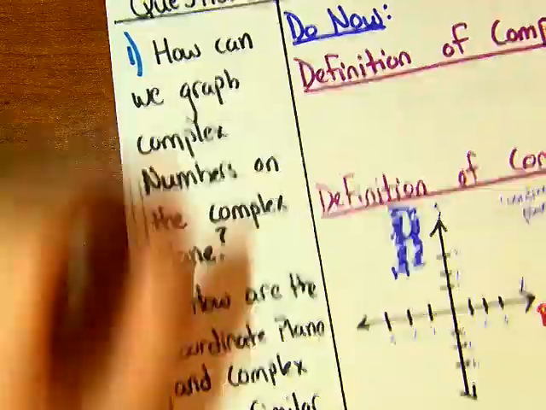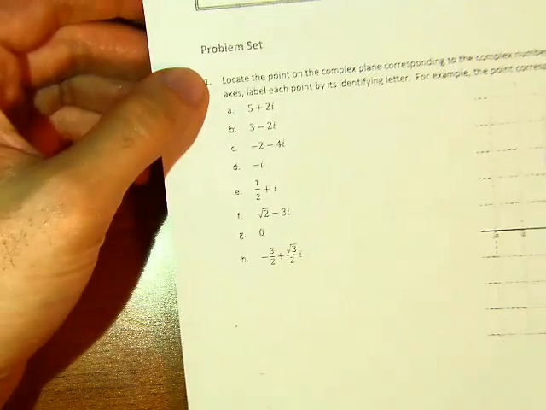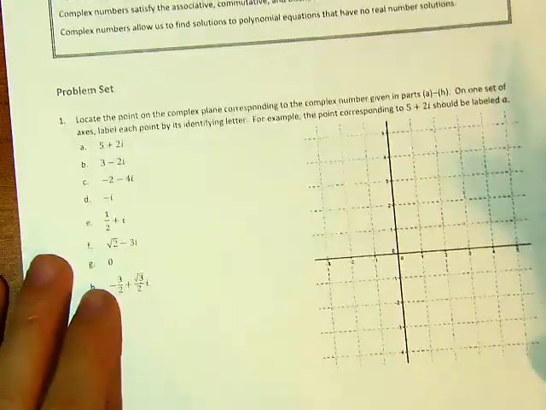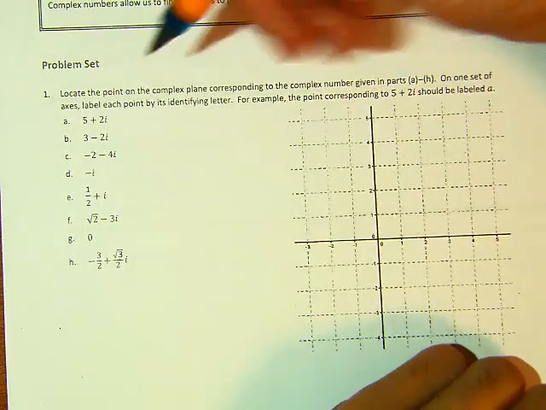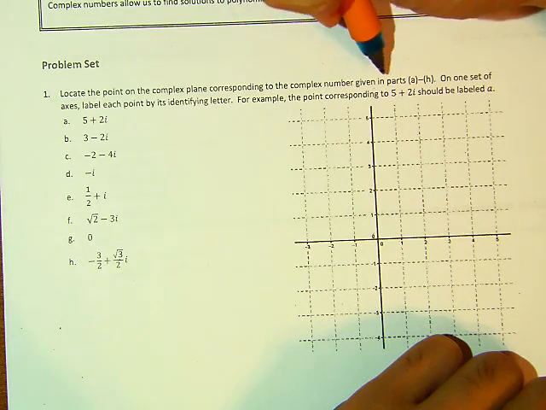Well, let's take a look at the sheet. If this is our lesson 37 sheet, let's go to problem set number 1. Take a second to look for it. Here it says, locate the point on the complex plane corresponding to the complex number.